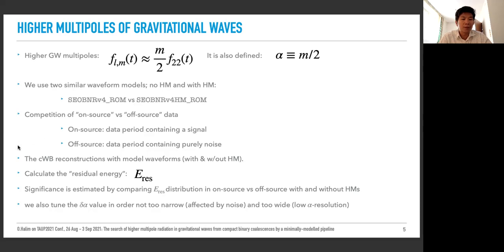Then the cWB reconstruction is done with model waveforms with and without higher modes. And we calculate the residual energy in this case, and I will explain in detail in the next slide what it means. Significance is estimated by comparing the residual energy distribution in on-source versus the off-source distribution with and without higher modes. We also tune the delta alpha resolution so that it is not too narrow or too wide.